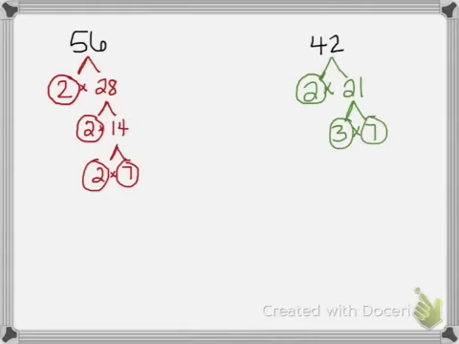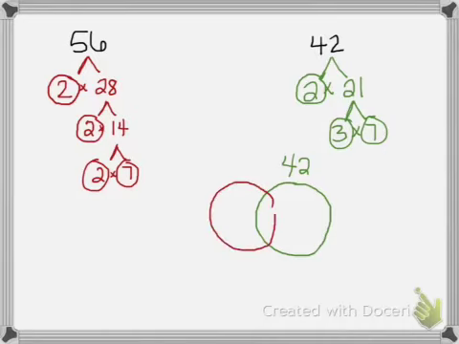Now if you remember, the next step is to draw our Venn diagram. I'm going to use green for 42, and let me get my red for 56, and I want to make sure that my circles overlap, so I have a shared space. Now I want to find the common prime factors. The first common prime factor that I see is a 2, so that goes in the middle.